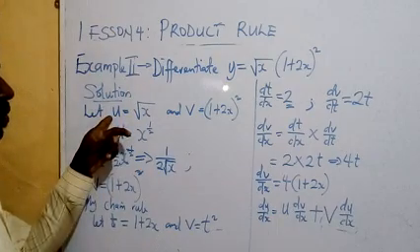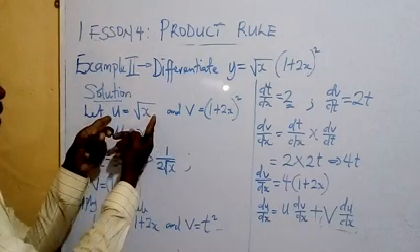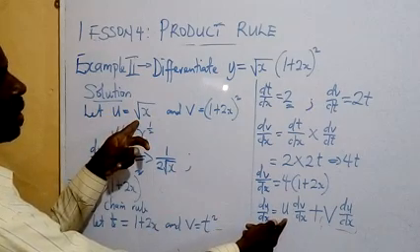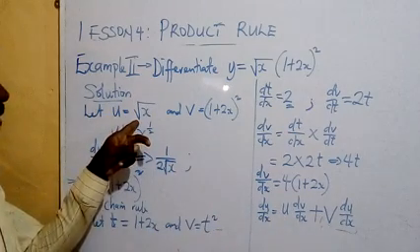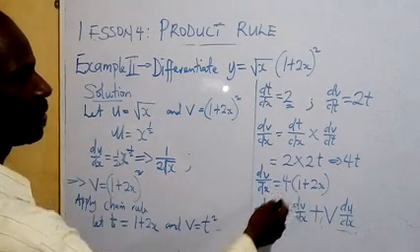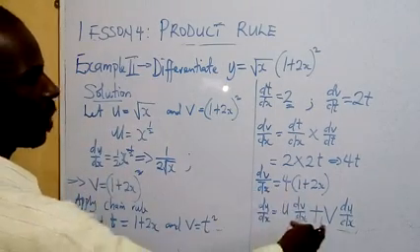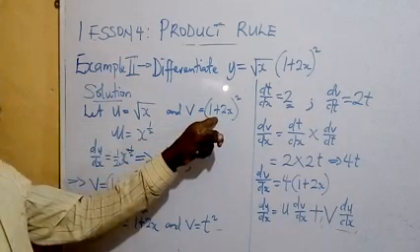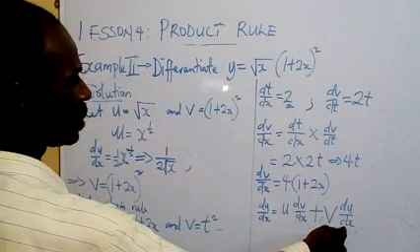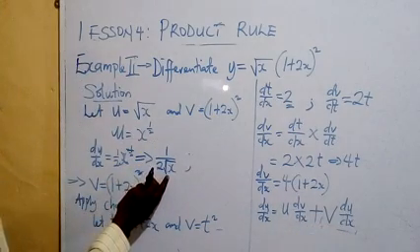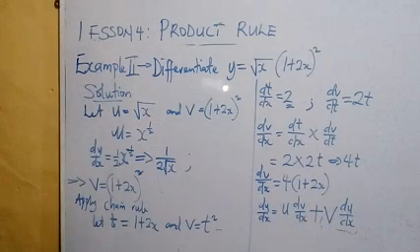The initial u from the question, this u is the root of x. And dv/dx is this. Our v from the given question, v is this, and du/dx is this. We are going to apply that now.